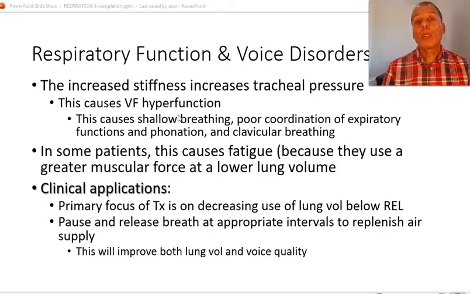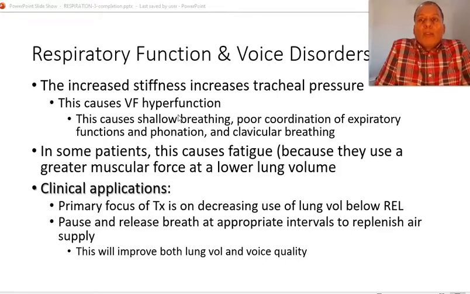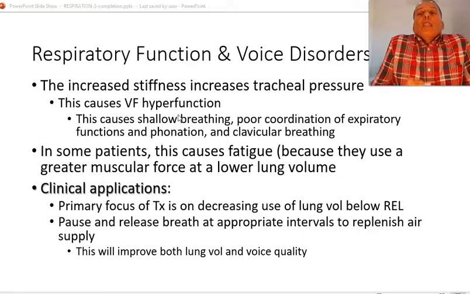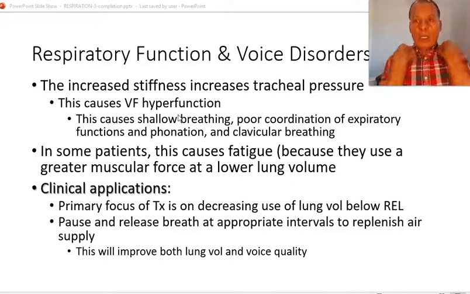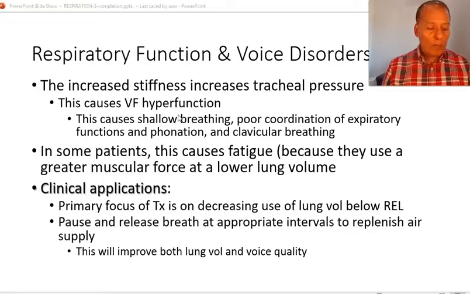And it will also lead to an abnormal pattern of breathing that we know as clavicular breathing, elevating the clavicles while you are breathing, and that is a kind of breathing that we discourage significantly.